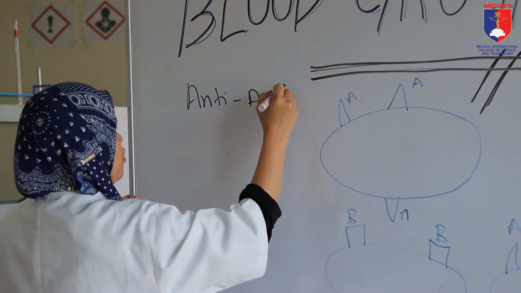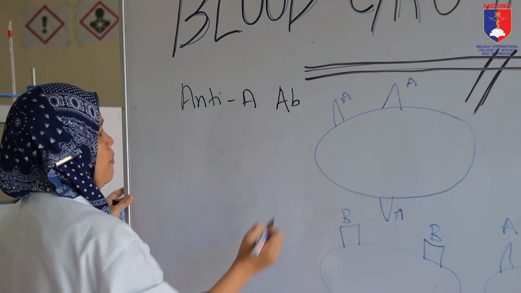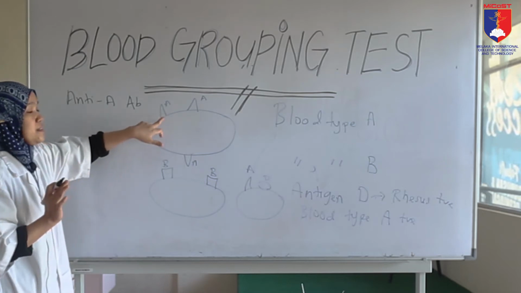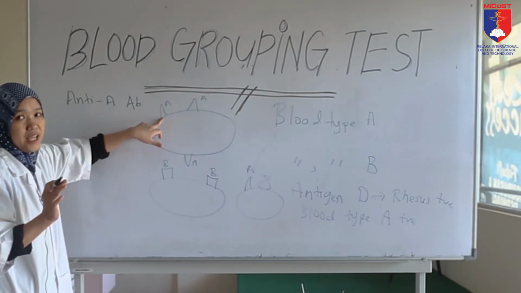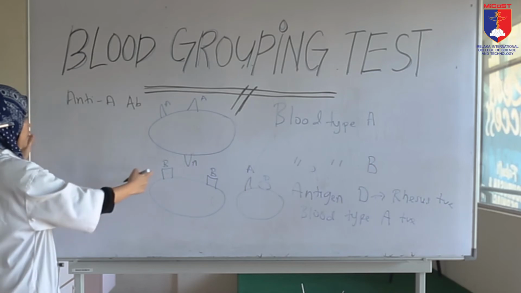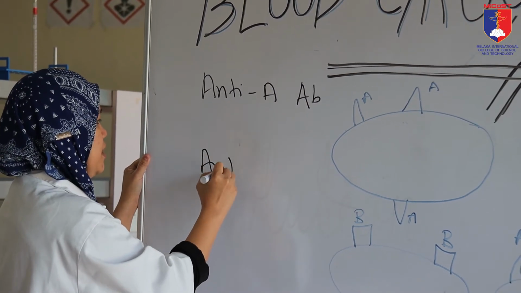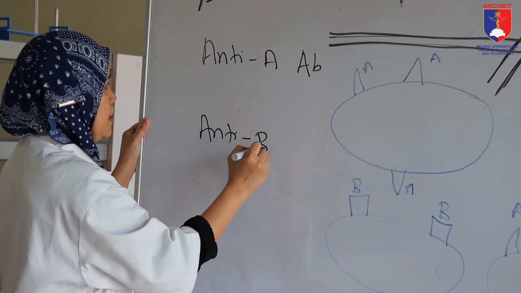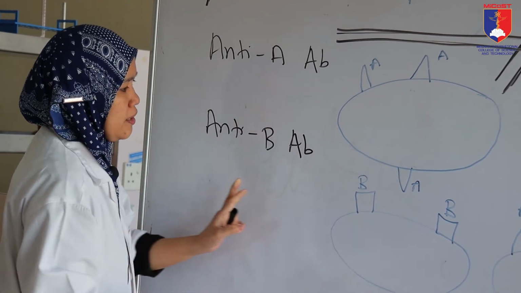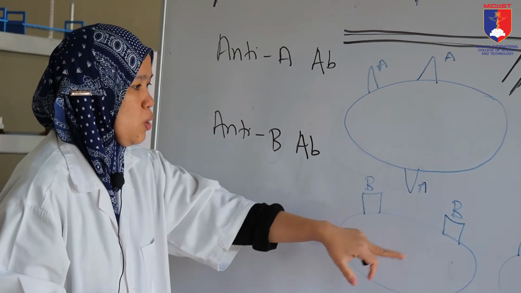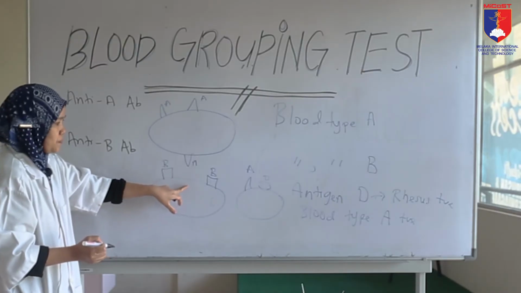I will use a short form for antibody. So anti-A antibody will detect the presence of antigen A. And for antigen B, anti-B antibody will detect the presence of antigen B on our RBC.